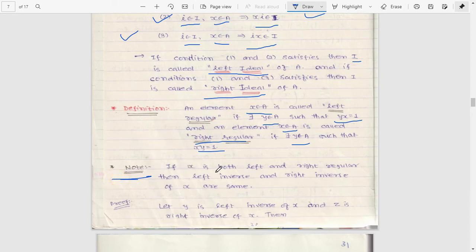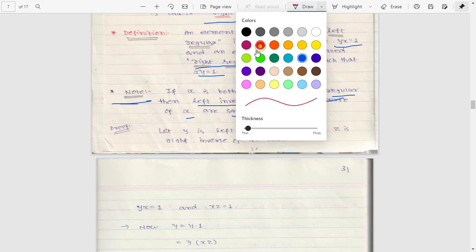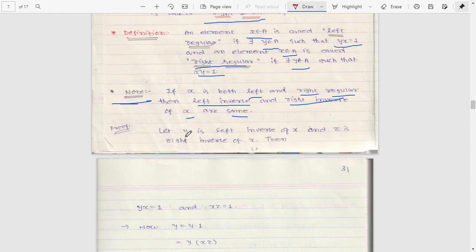Note: if x is both left and right regular, then the left inverse and right inverse of x are the same. Let y be the left inverse of x and z be the right inverse of x.